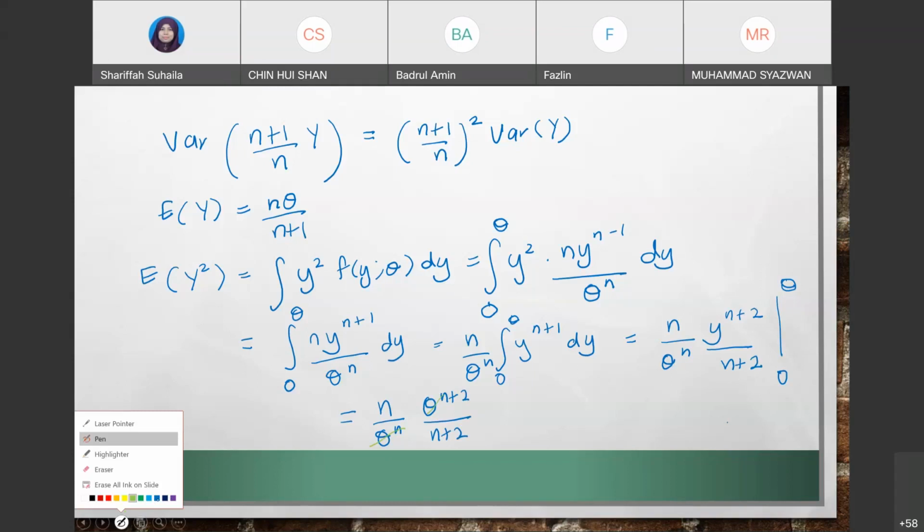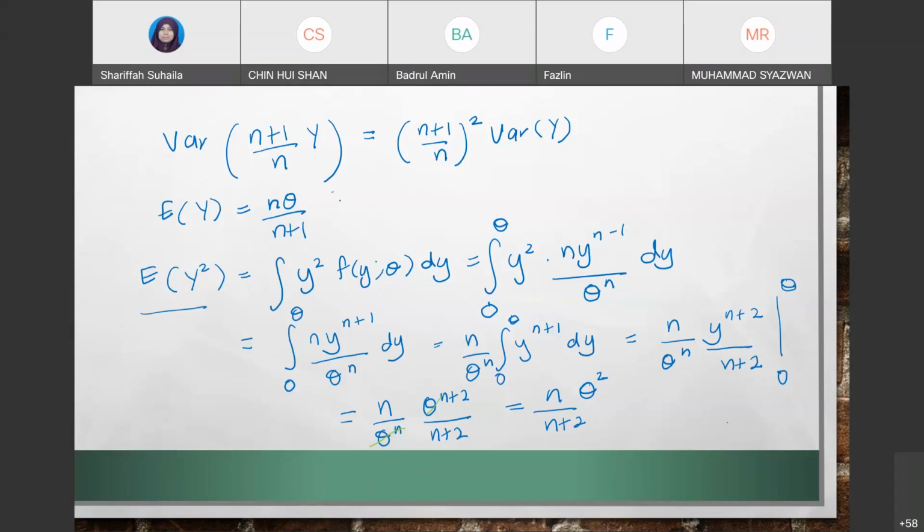So yang tinggal adalah n over n plus 2 theta square. Right? Theta^n cancel out. So n over n plus 2 theta square. Okay. That is your expected value of Y square. Expected value of Y macam mana saya dapat? Yang awal tadi tu.